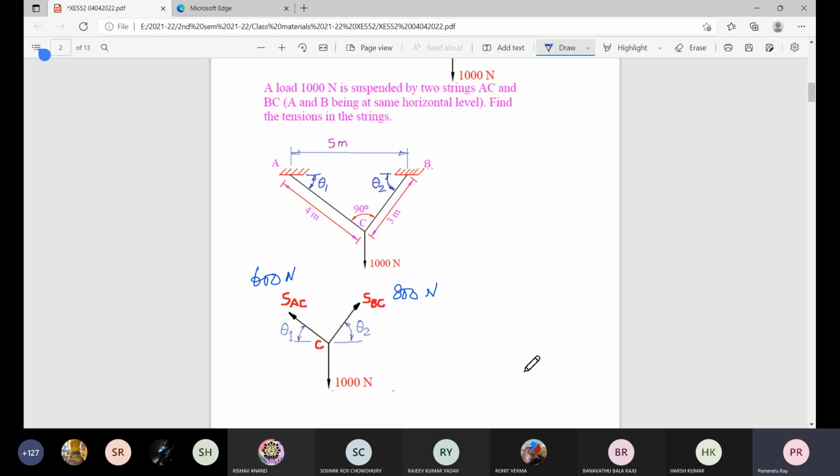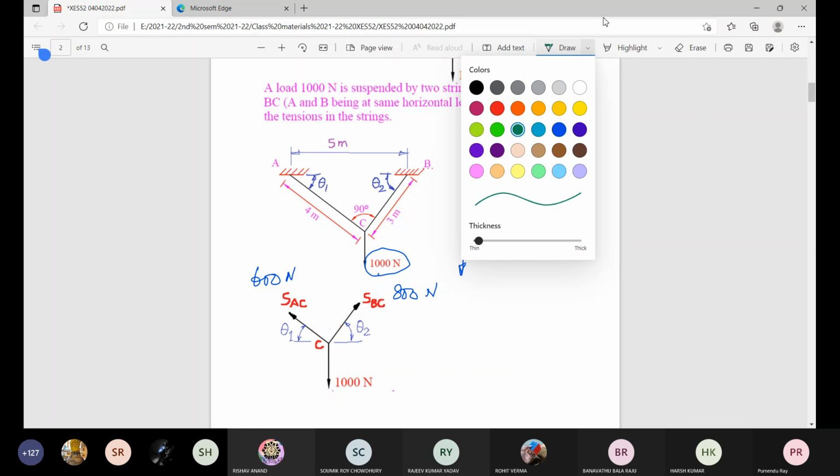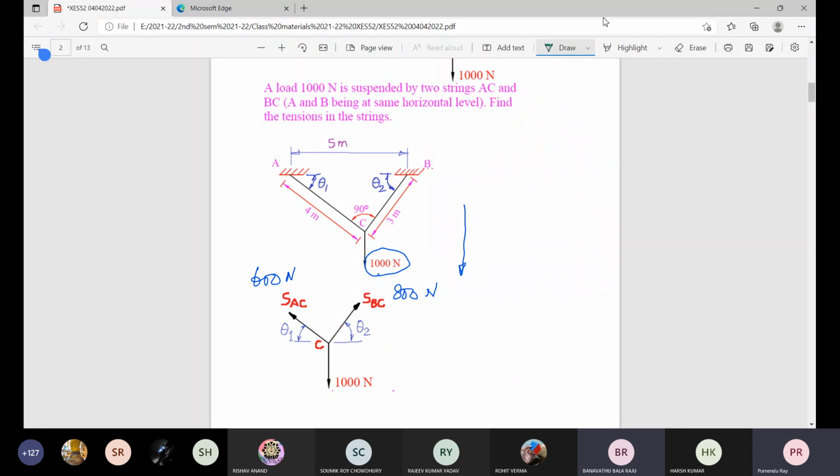For equilibrium, it will be a closed polygon of three sides. So first, 1000 Newton is given. Draw a line corresponding to this 1000 Newton, some length. And then what about the member BC? You draw one line corresponding to the member BC from here.